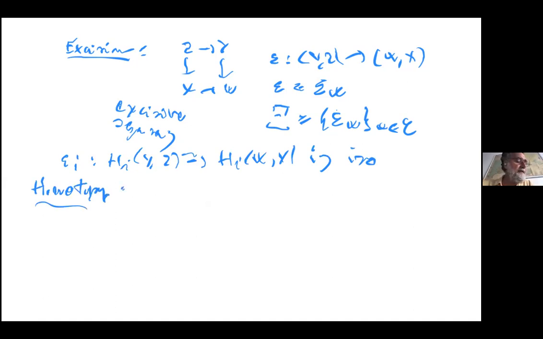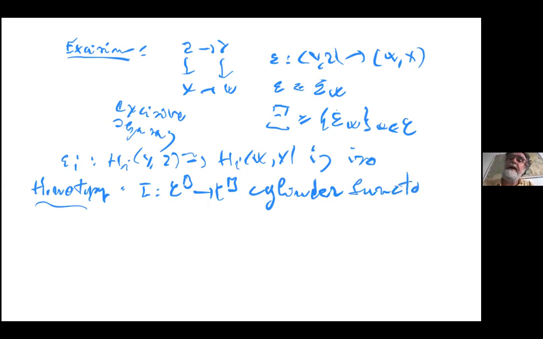And for this, we need to choose a cylinder functor on the category. So this is a cylinder functor, which means simply that we have some natural transformation, a very weak cylinder functor. I don't want to have anything else. For example, it could be given by the product.